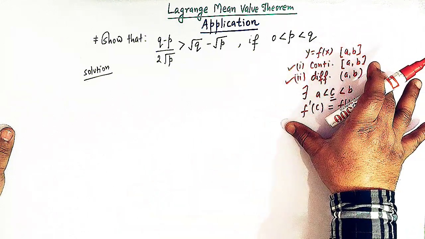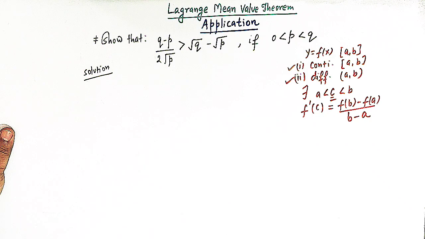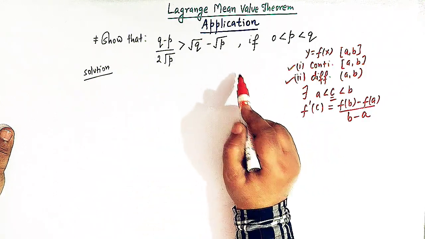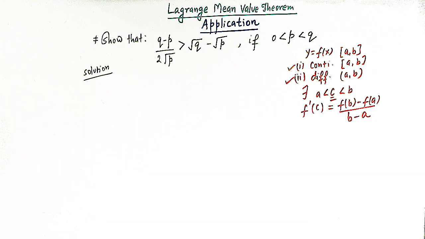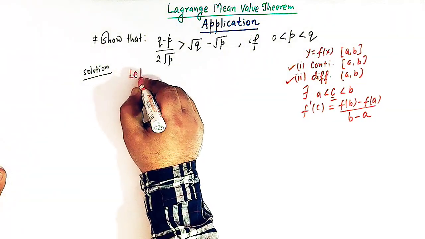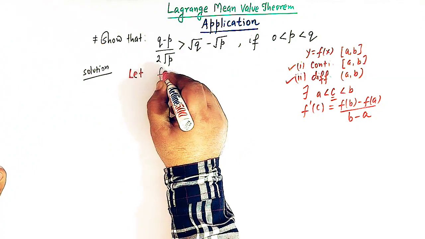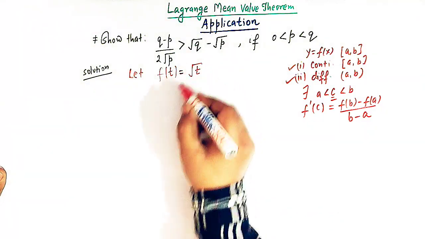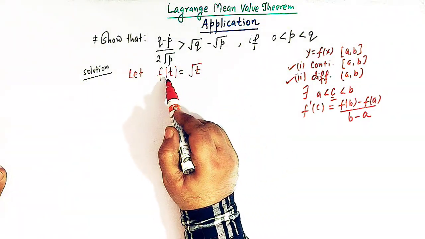Now let us apply this theorem to an appropriate function in a given interval. We will first frame an appropriate function and also provide an interval in which the function is defined. Let us assume a function f of t is equal to square root of t. Here we are using the variable t.